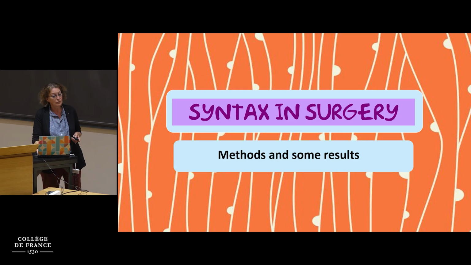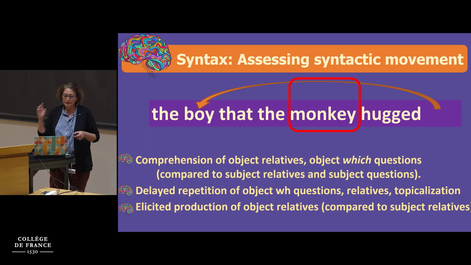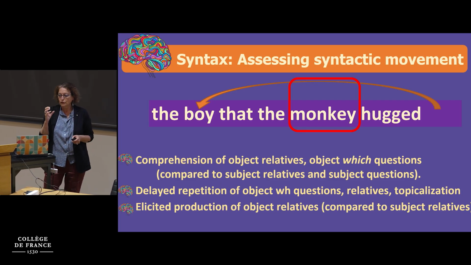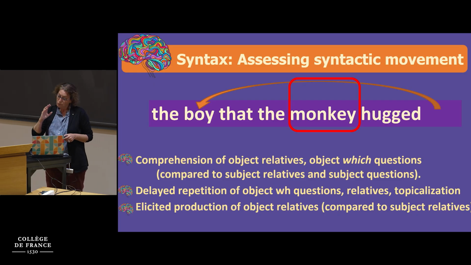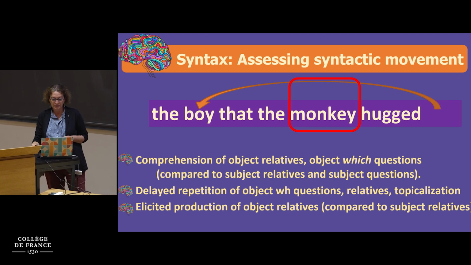And as I told you before, because we know movement of the object across the subject is a very good clinical marker for syntactic impairments, we test comprehension, production, and repetition of sentences with syntactic movement, like "This is the boy that the monkey hugged."